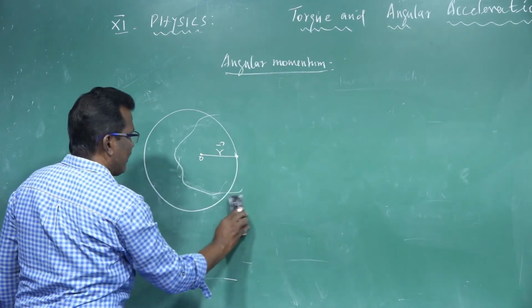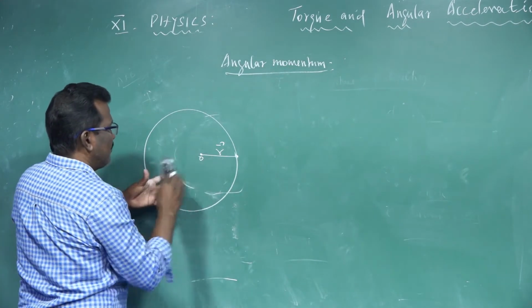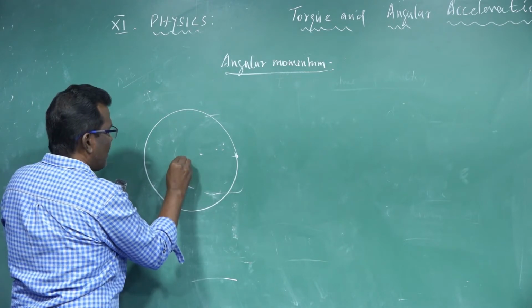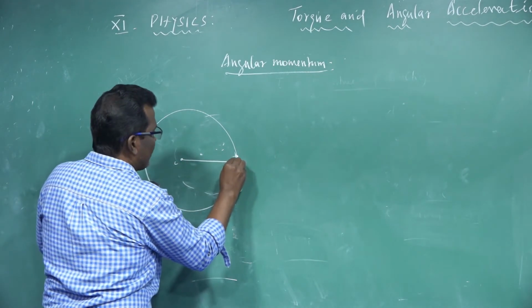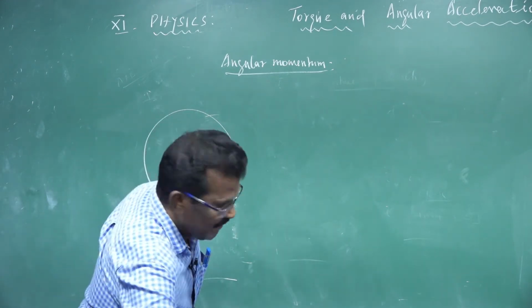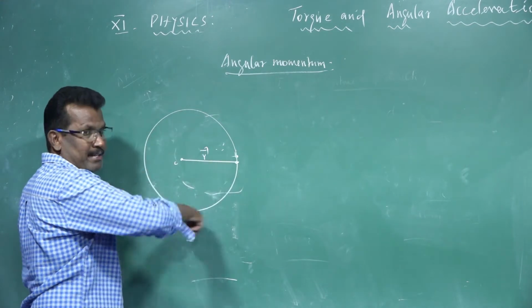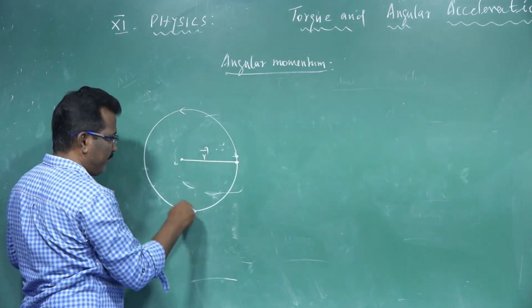So this is the origin, and this is the point of mass m at distance r. When the force is applied, the body rotates.